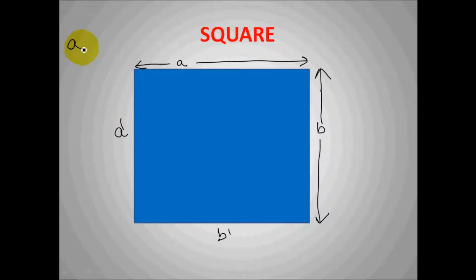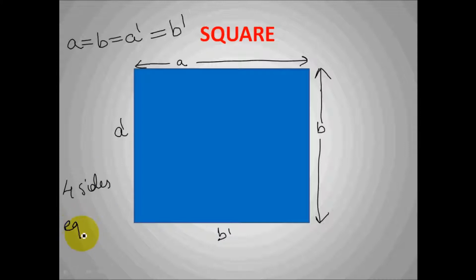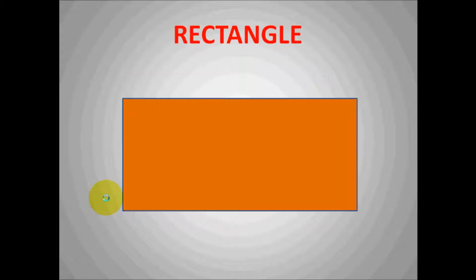So in a square, A is equal to B, B is equal to A dash, and is equal to B dash. So four sides are equal, and when in a figure four sides are equal, then it's called a square. So that is square.